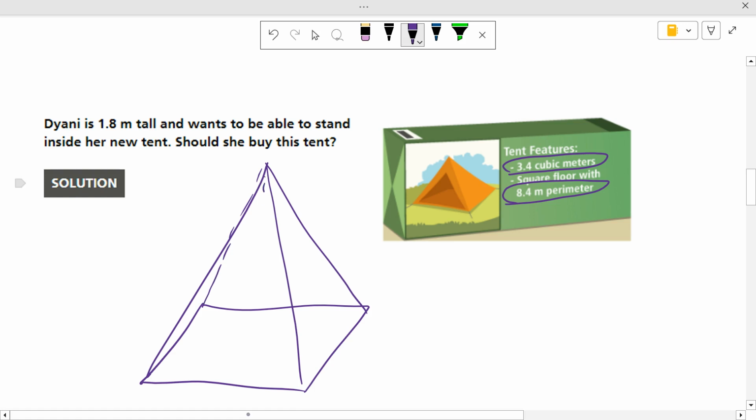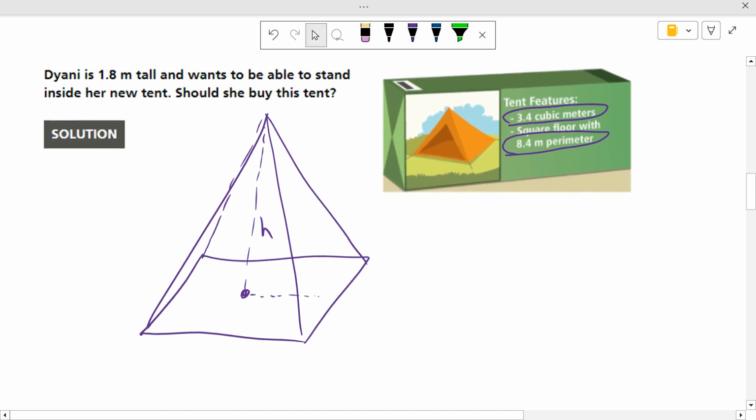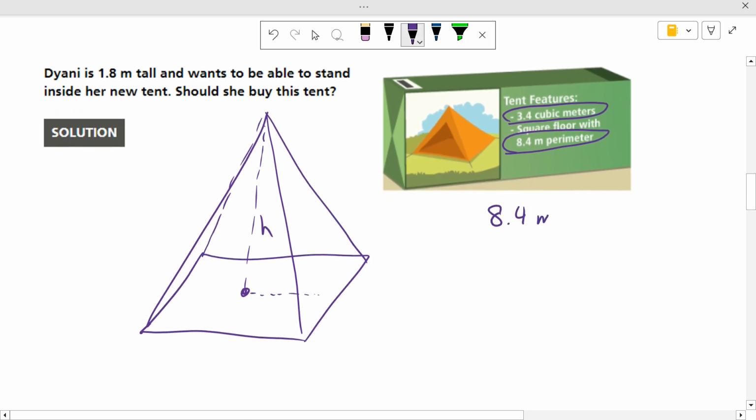Okay. We want to know the height of the tent. All right, if it has an 8.4 meter perimeter and it's a square, what's the length of each side going to be? You divide by 4, because there are 4 sides, so it's 2.1.